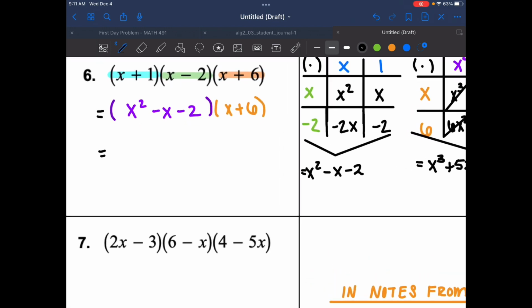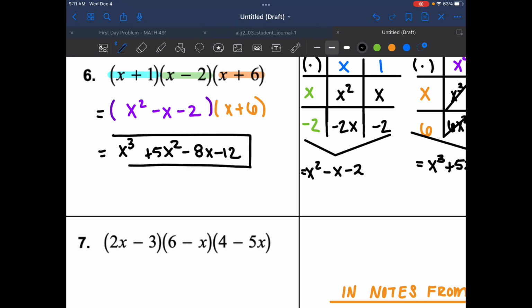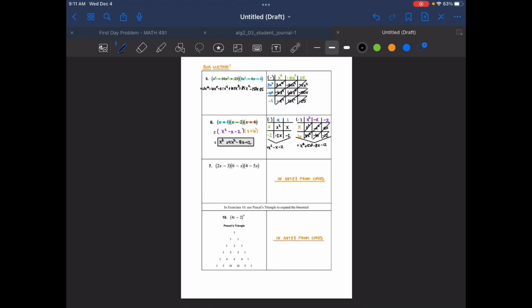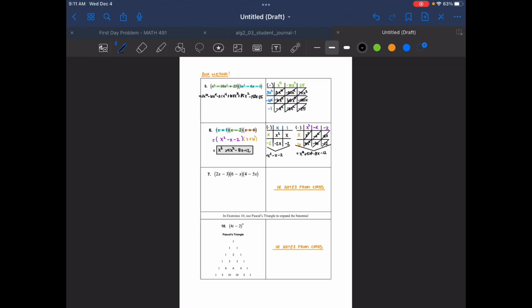So this polynomial is equal to x to the third plus 5x squared minus 8x minus 12. Let me go ahead and box that up. Okay. The rest of this on the page is notes from class.